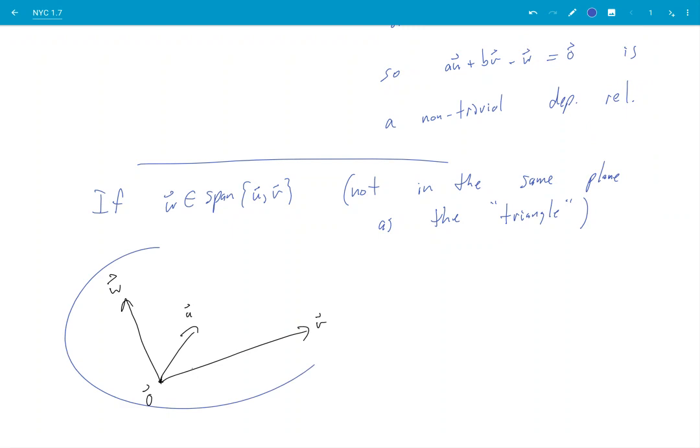So here you can just imagine that U and V are on the screen and W is coming out of the screen. Then U, V, W is independent.